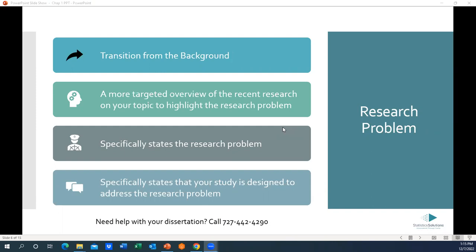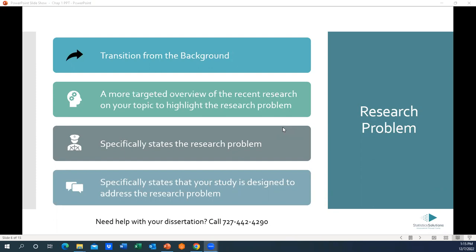So the section is a more targeted overview of the research problem. It specifically states the research problem and specifically states that your study is designed to address the problem. It's also kind of the elevator speech for why your study is necessary.